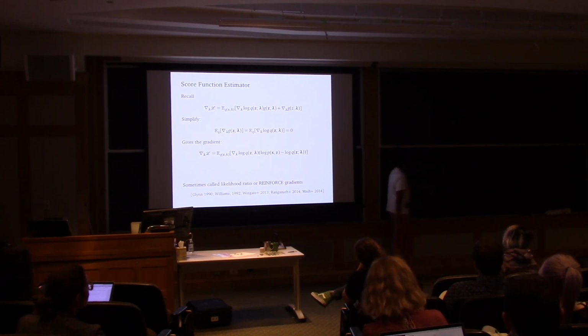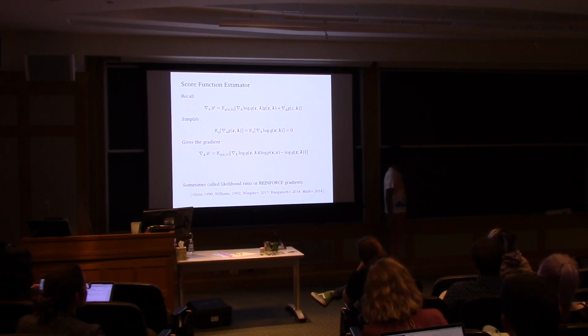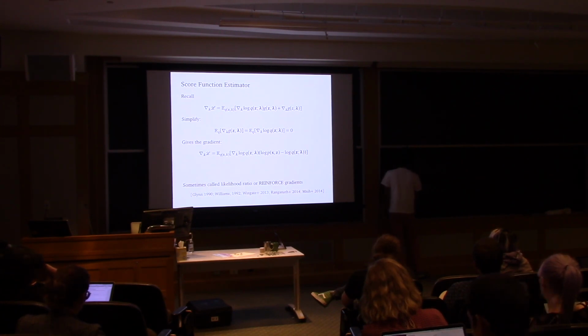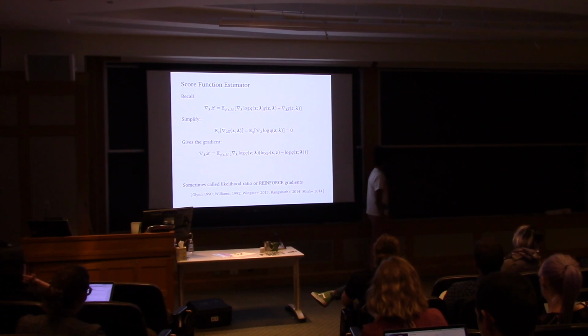I can reverse the same trick that I had earlier to replace the gradient of log q with the gradient of q divided by q. So this is equal to the integral of q, times the gradient with respect to lambda of q divided by q, dz. And these things cancel out.